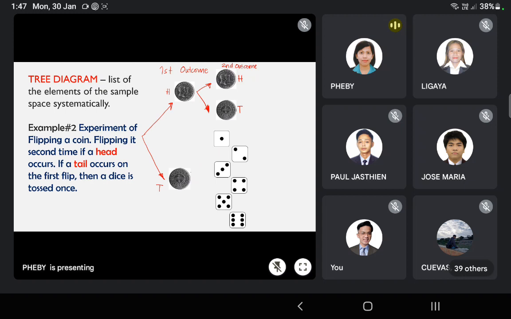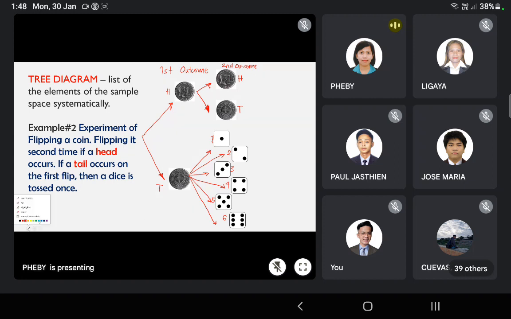So, may either number 1, 2, 3, 4, 5, and 6 yung lalabas, no? So, those are the second outcome ng ating experiment.